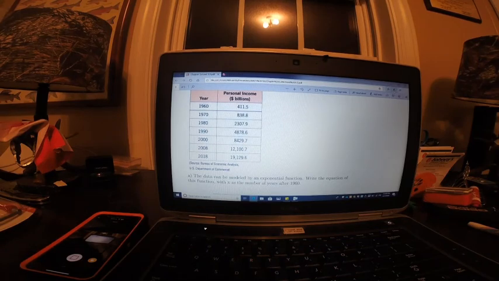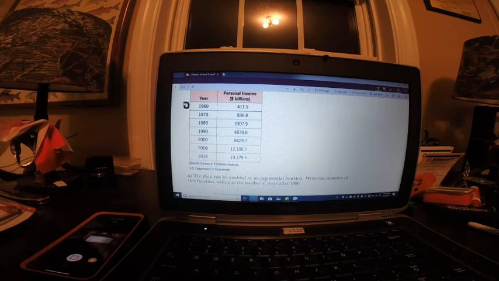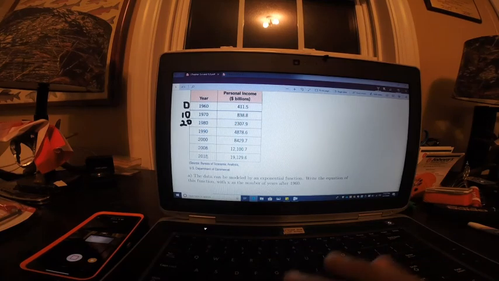Let me get my marker out here. That means 1960 would be year 0, 1970 would be year 10, 1980 would be year 20, and so on and so forth. You got to be careful with this one because it goes by 10 increments for a while, but then it jumps to 2008 instead of 2010, and then it jumps by another 10 increment here. So don't lose track of that.